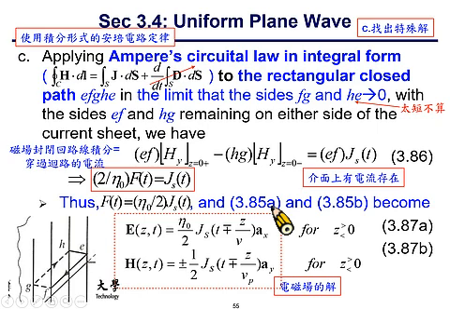So you can see the electrical field is stronger than the magnetic field by a factor of eta sub 0, and you have a plus and minus sign across z equal to 0. They are the solutions for z greater than 0 and z smaller than 0. Okay? So here is the specific solution for the electromagnetic wave for an infinite current sheet.